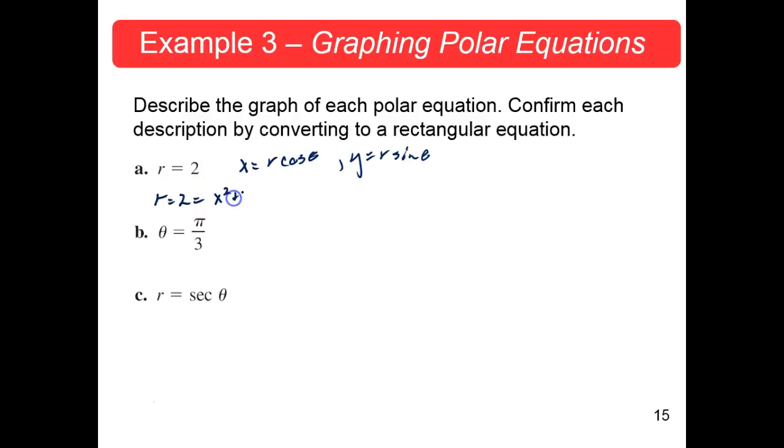X squared plus y squared. But let's make this r squared and make it a little easier, which would be 2 squared. So this is equal to 4. Okay? Isn't that a rectangular equation? X squared plus y squared equals 4? How would you describe what that graphs?